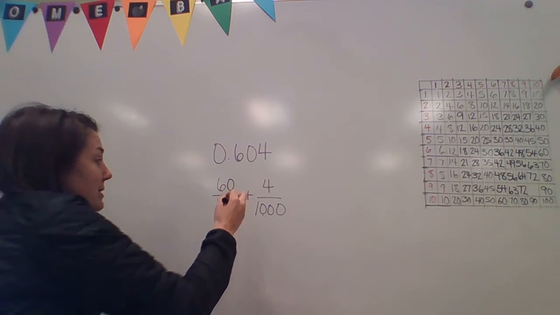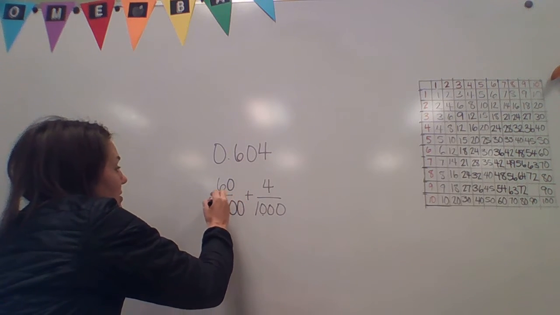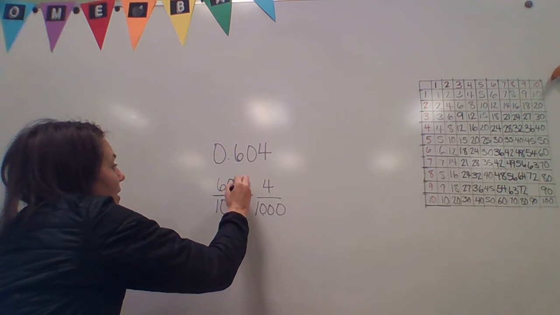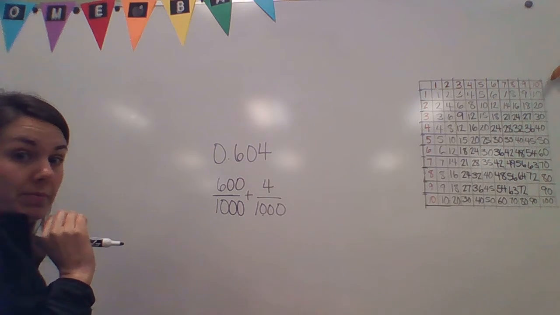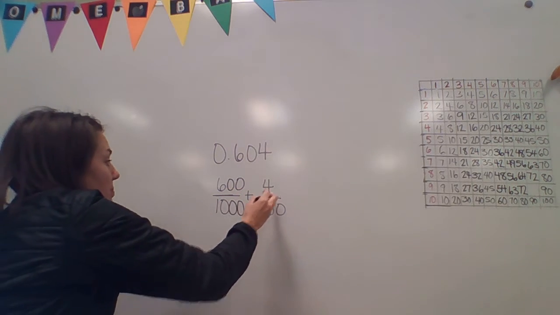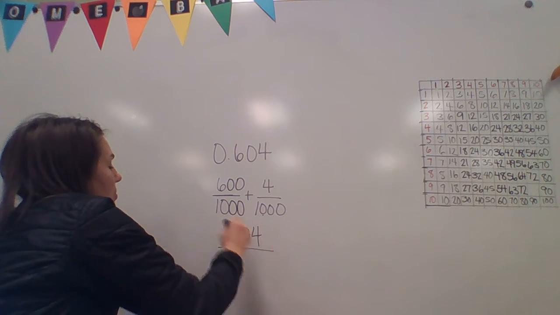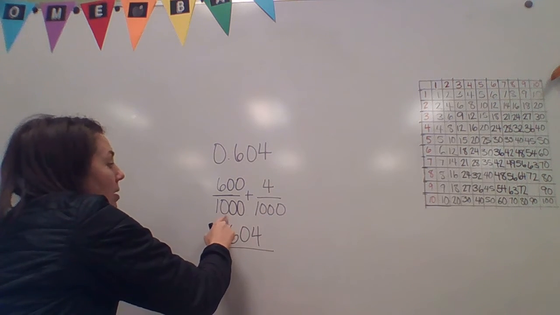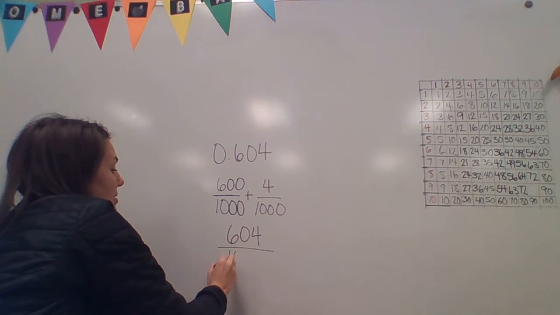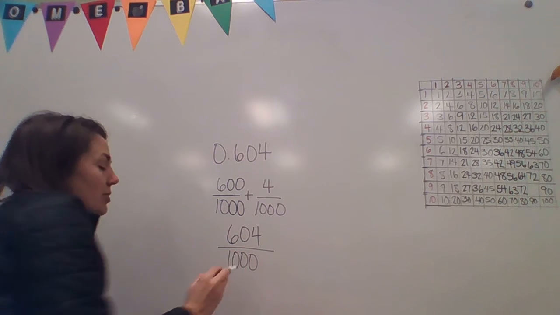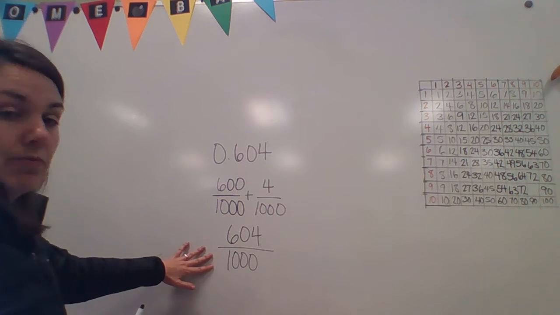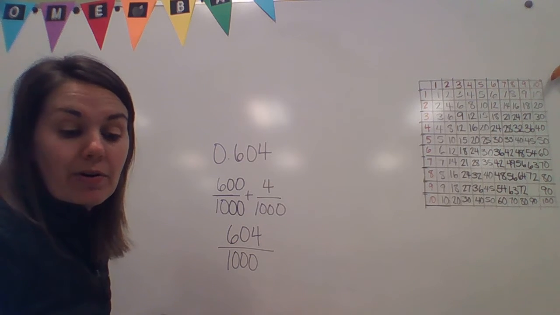If I multiply it by 10 again, I get thousands down below and 600 up top. Now I have 600 plus 4. I know that that makes 604. My bottom is comparing thousands and thousands. So I have 604 out of 1,000, or 604 thousandths.